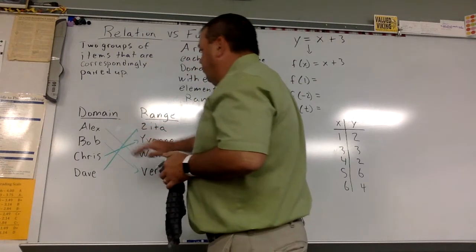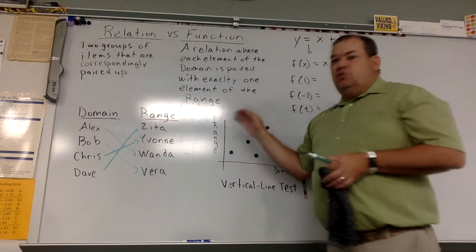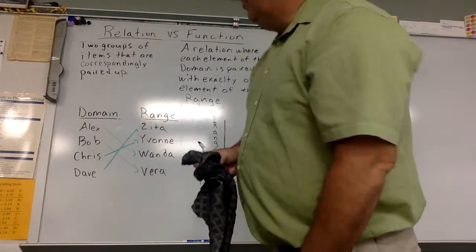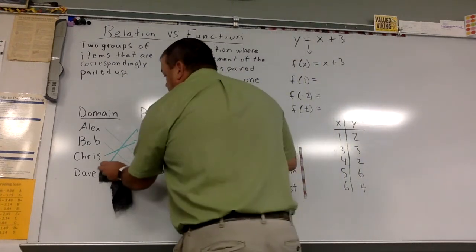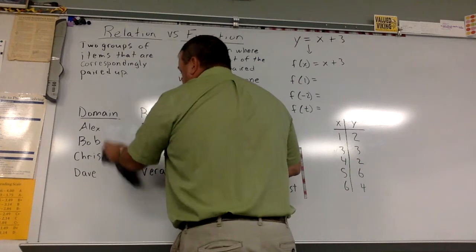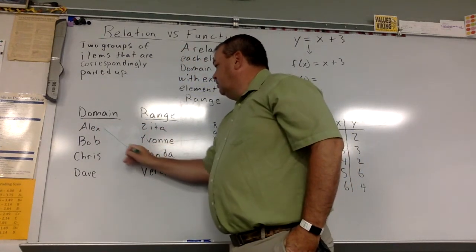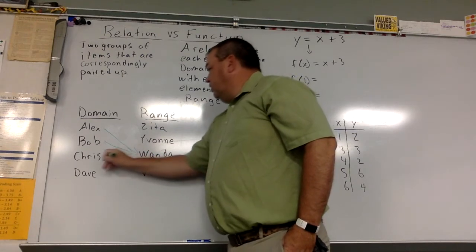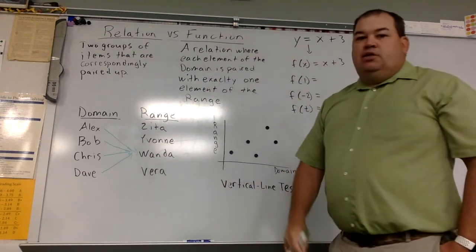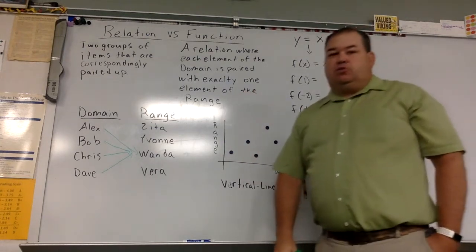Now, you have to be careful because it doesn't say anything about each member of the range paired with one member of the domain. So we have to be careful about that. If I do something like this, and I'm going to pick on Wanda today, every member of my domain is only going to exactly one element of the range.